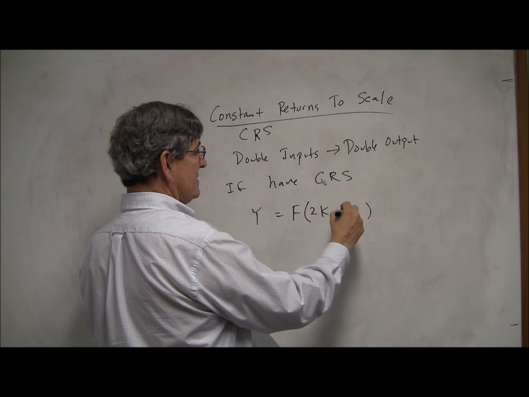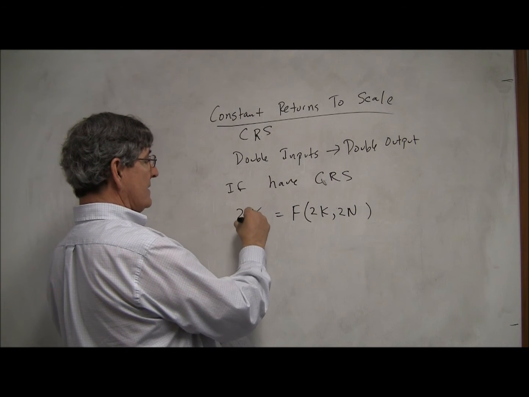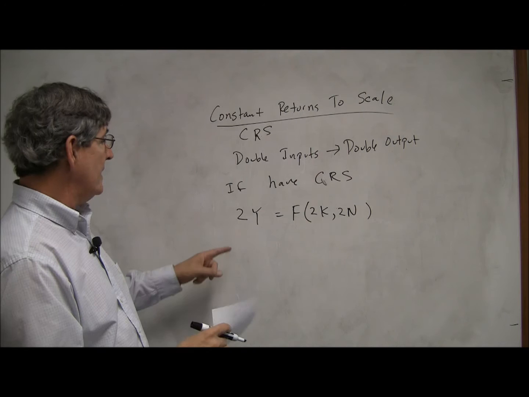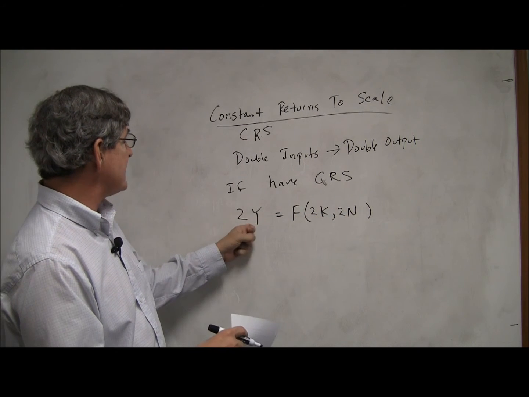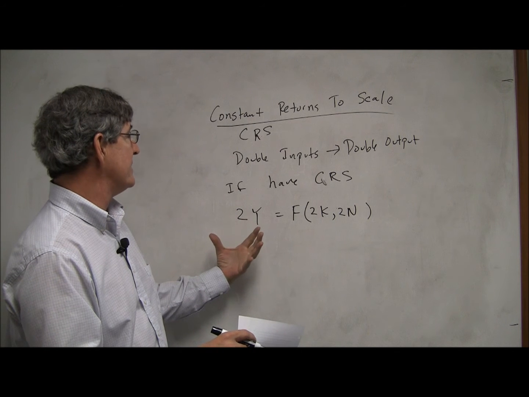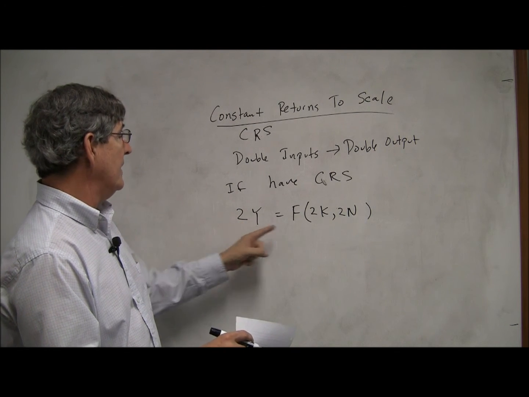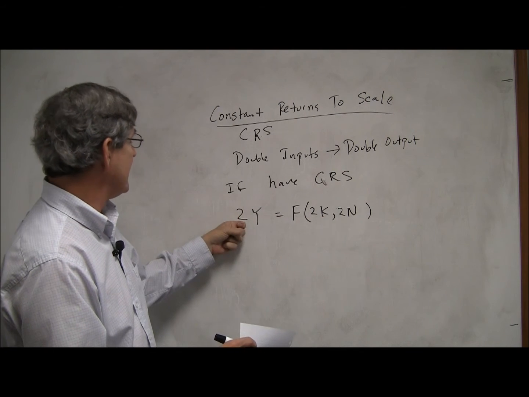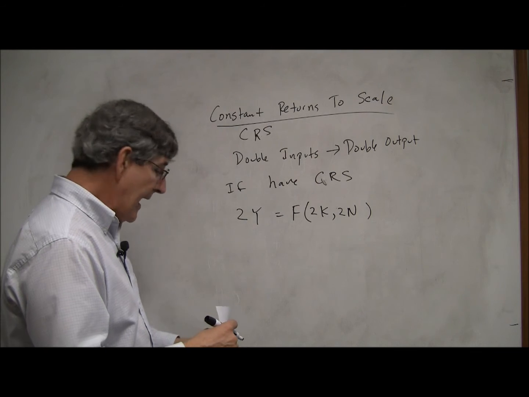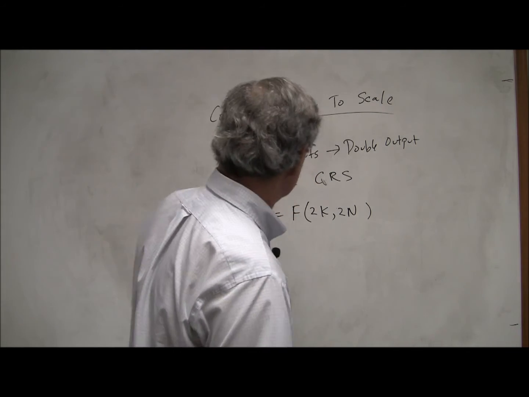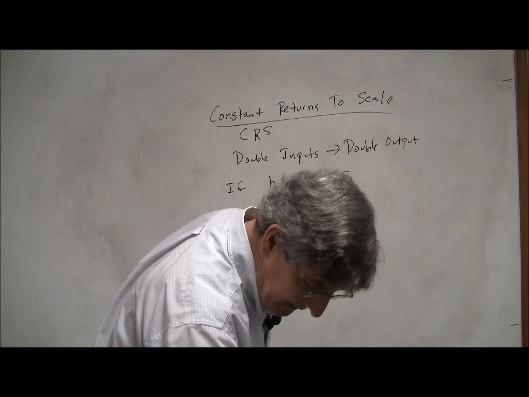If I double this to 2 and double this to 2, so I double both of those, then I'm going to double y. If this number were 1.5, double inputs, less than double output, that's decreasing returns to scale. If this were like 2.5 or 3 or 4, then doubling the inputs would more than double output, and that would be increasing returns to scale. But again, for aggregate economies, we generally assume constant returns to scale, and that's what it means.